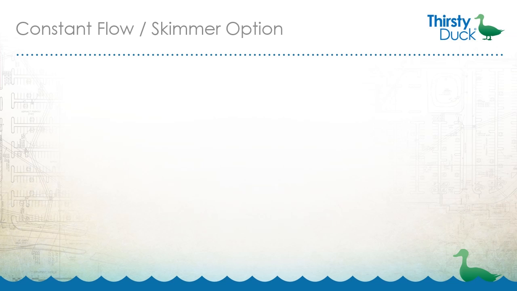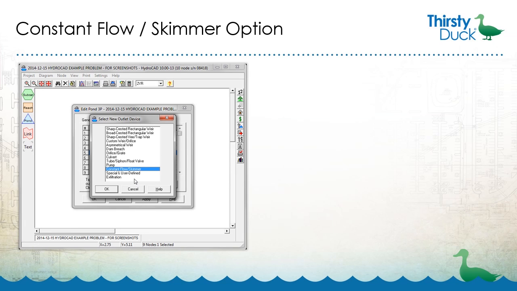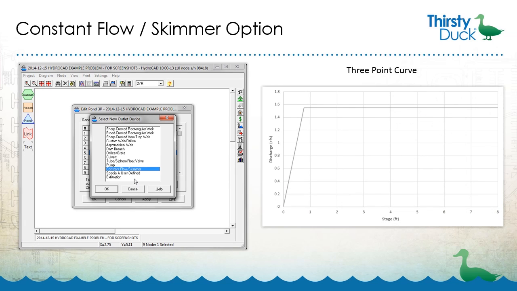Now, let's reanalyze the design using the constant flow skimmer outlet option. For this option, HydroCAD approximates the Thirsty Duck rating curve with a 3-point curve. The 3-point curve assumes perfectly constant outflow and a linear transition to full flow.